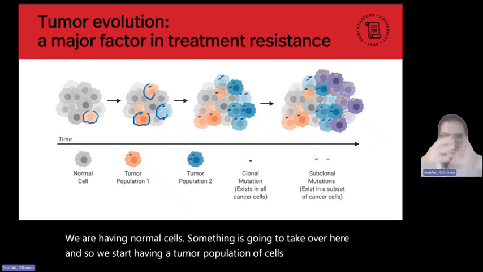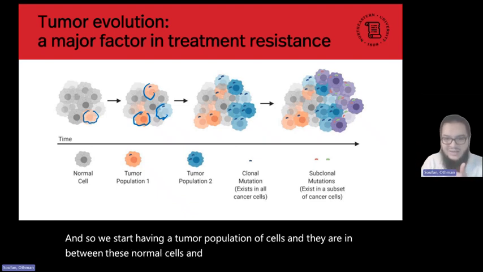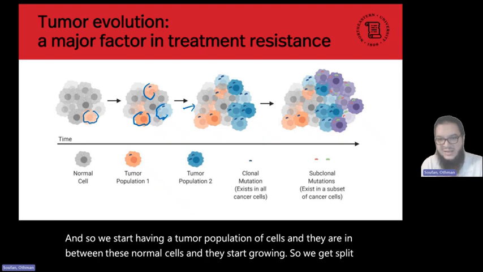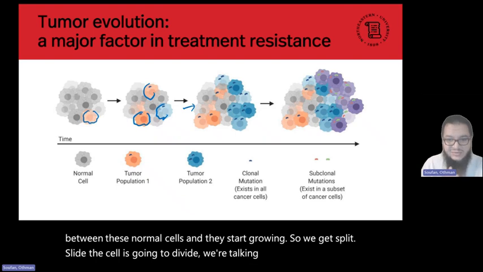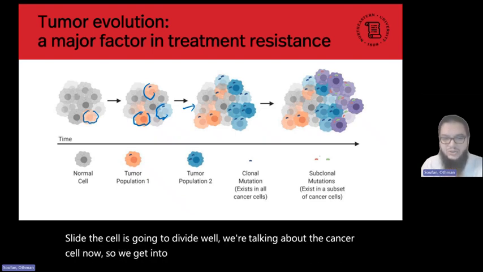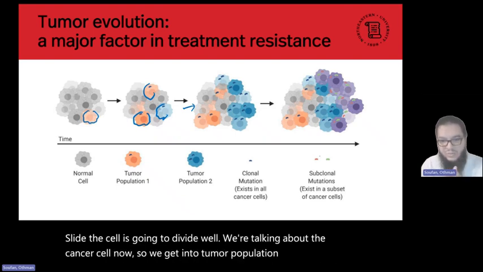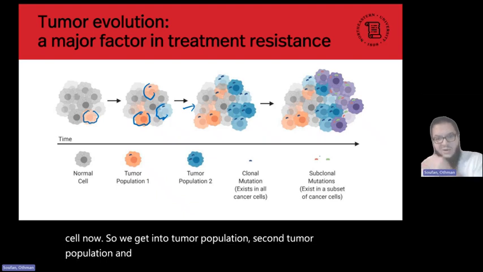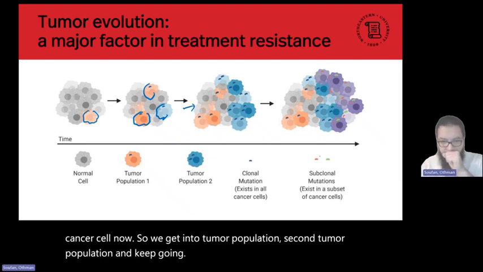And they are in between these normal cells, and they start growing. So we get, split, divide, the cell is going to divide. Well, we're talking about the cancer cell now, so we get into tumor population, second tumor population, and keep going. Okay.